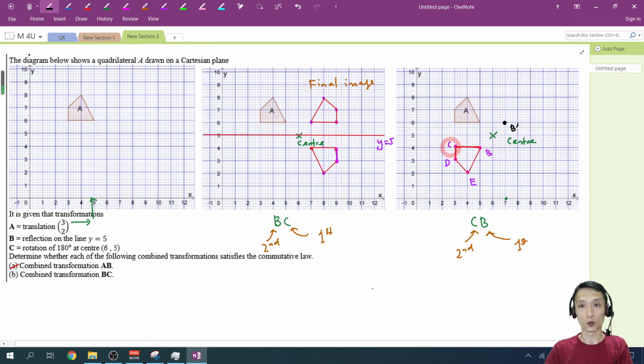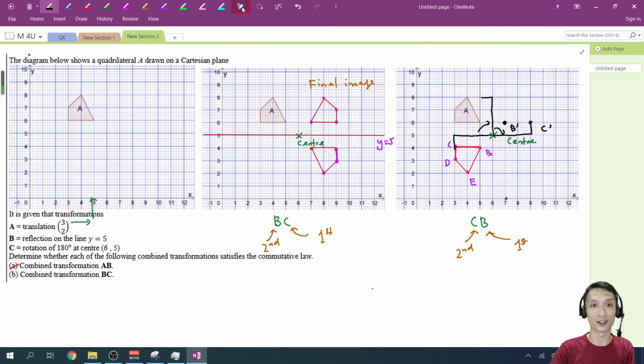Now let's go to point C. Again, this is C prime. 90 degrees plus 90 degrees totals 180 degrees. It's over here, correct.